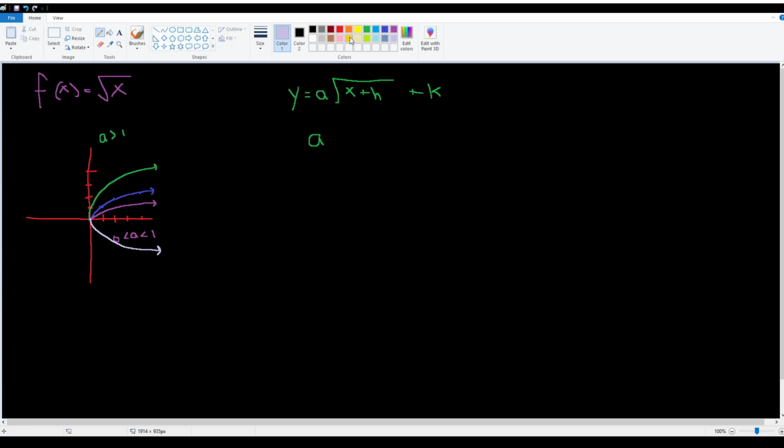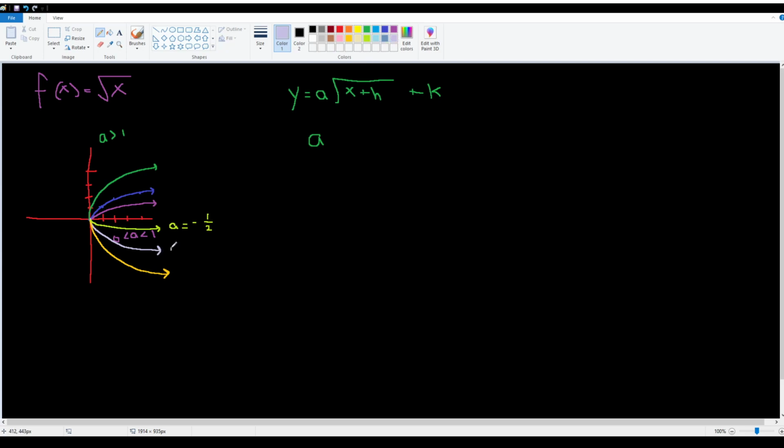If I were to have a -2, it's going to stretch itself out this way. And then if I had, let's say, -1/2, then it's going to compress itself over here.